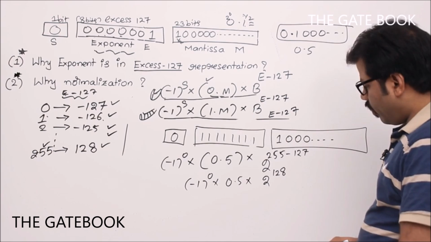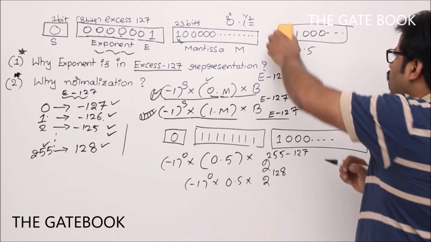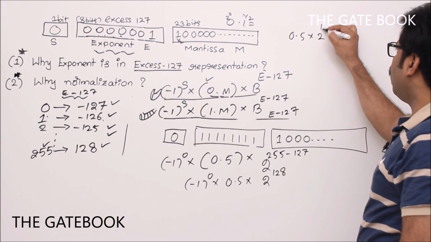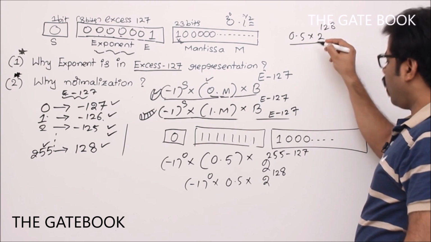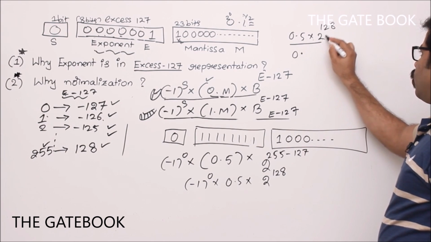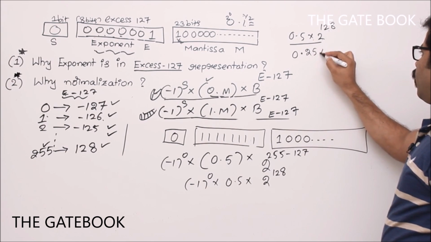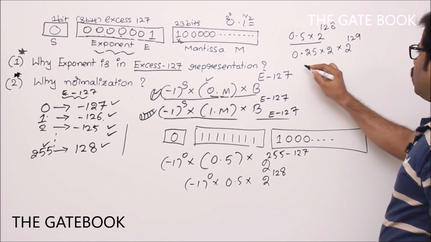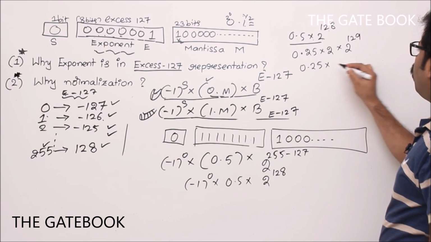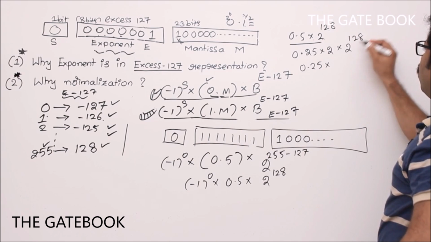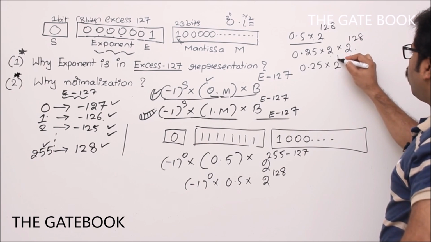Okay, so what I want to tell you here is, of course it is nothing but 0.5 into 2 power 128. This number cannot have another representation. I will tell you the reason. We can write 0.5 into 2 power 128 as 0.25 into 2 into 2 power 128. So see, 0.25 into 2 into 2 power 128, so 2 into 2 power 128 is 2 power 129.